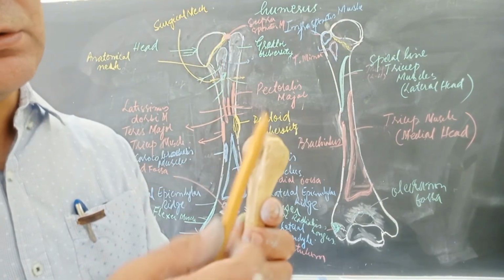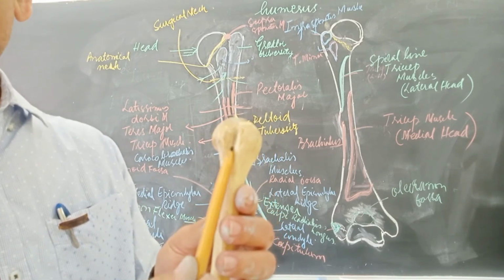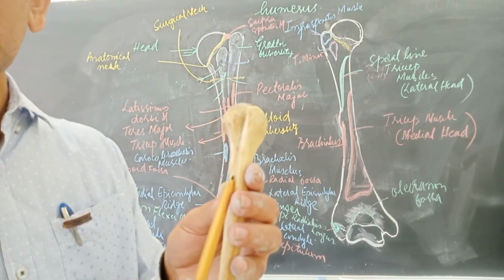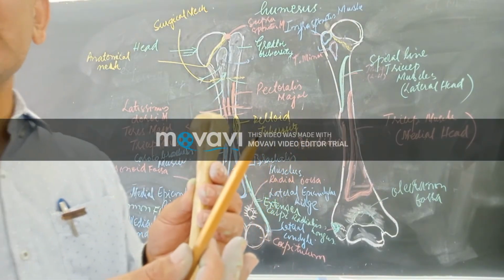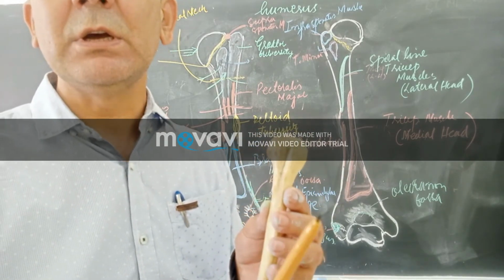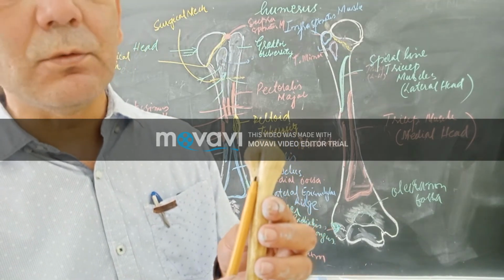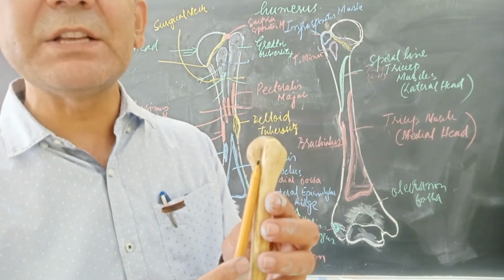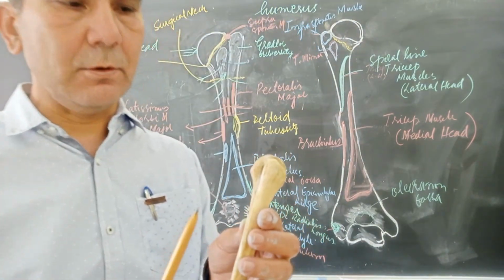And between these two tuberosities is the intertubercular groove or intertubercular sulcus. These two names are written in the books. From the intertubercular groove, the tendon of the biceps muscle mostly passes.